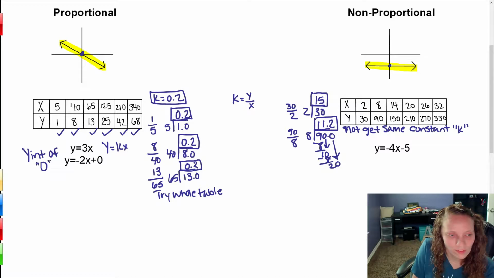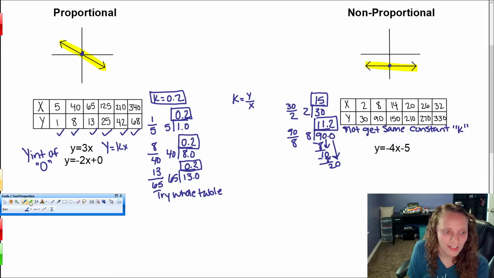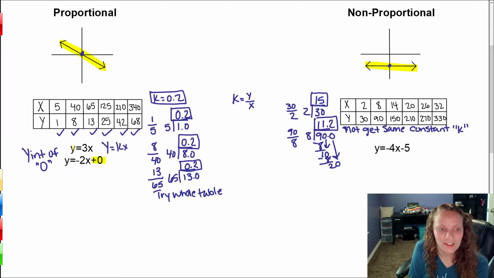So it does not have to have a plus 0 on the end. Both of these are proportional. They have a slope of 3 or -2, and then they have a y-intercept of 0. Even though there's not a plus 0 on the end of this 3x, it is still going through the origin.